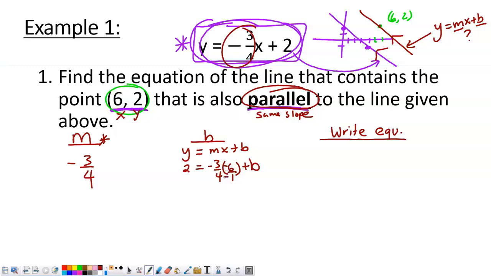You're going to multiply straight across. Negative 3 multiplied with 6 gives you negative 18. And 4 multiplied with 1. I put arrows here, otherwise it looks like minus. 4 times 1 is 4. We could reduce that fraction.